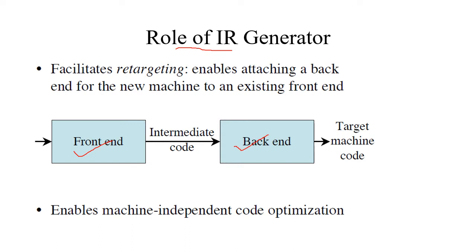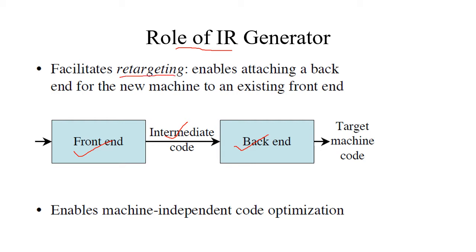The intermediate code acts as a glue between the front end and back end. The conversion of source language into machine language may be a difficult task, so we are converting the source language to some intermediate representation. Another facility offered by intermediate representation is retargeting.